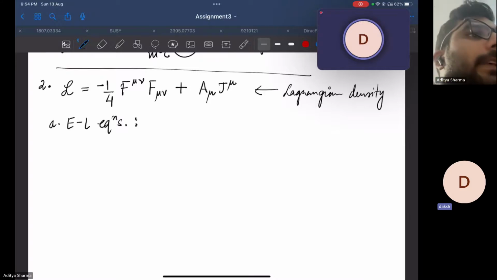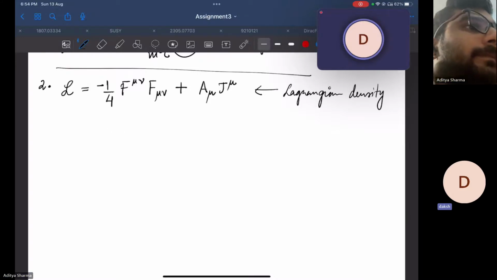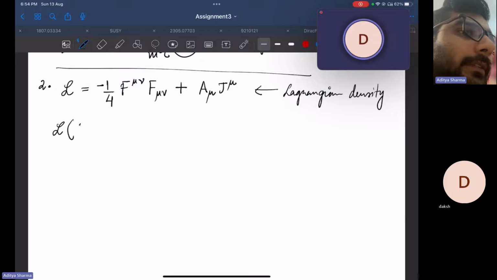Okay. And this Lagrangian density is a function of the fields, the A vectors, this electromagnetic potential, and their derivatives.